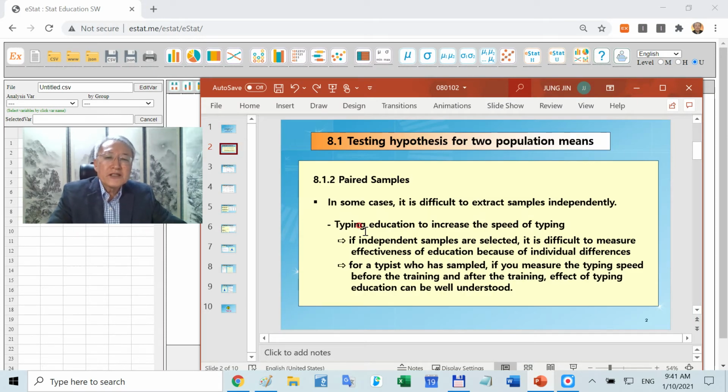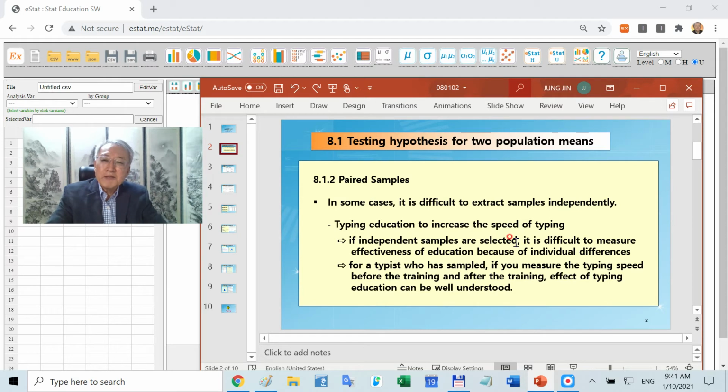Suppose there is typing education to increase the speed of typing. Suppose you want to collect samples before and after the typing education separately. What would happen?